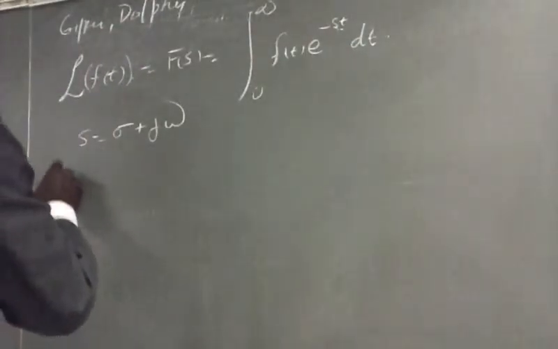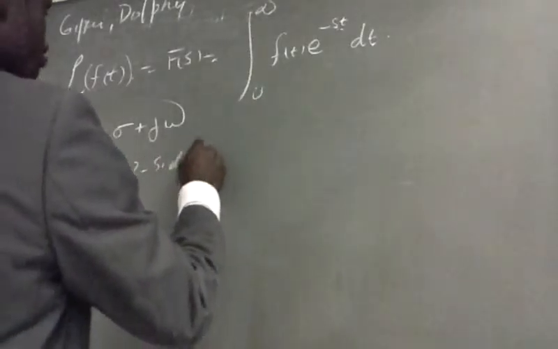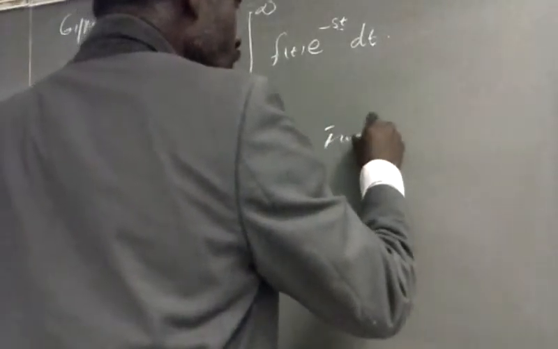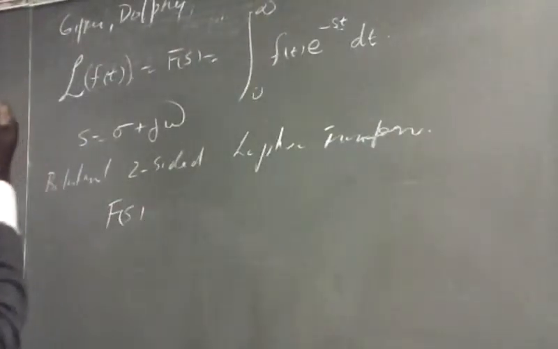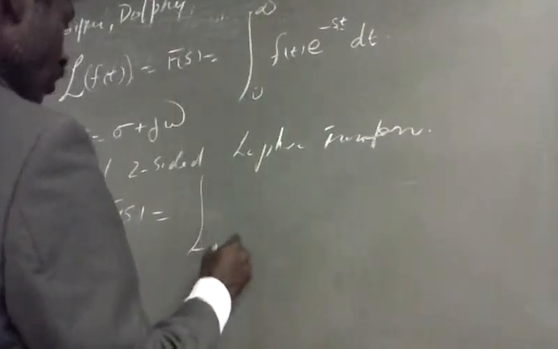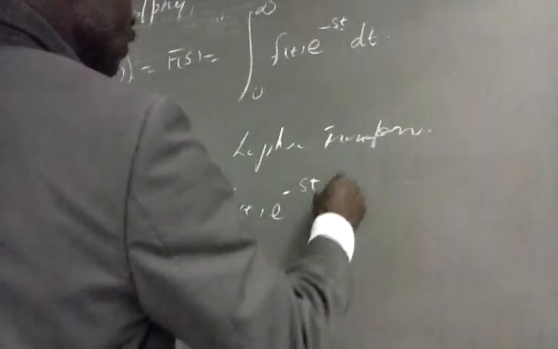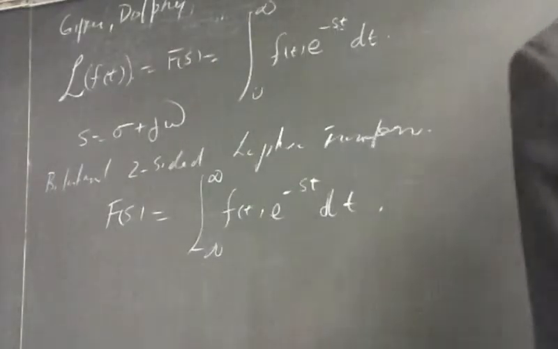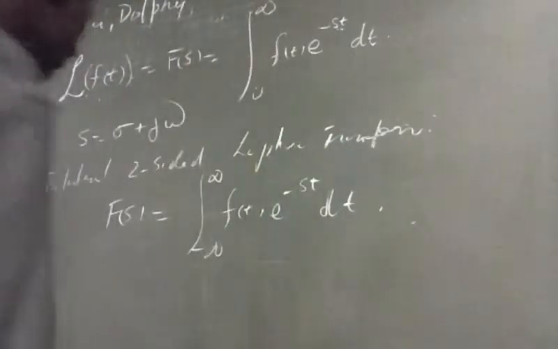The bilateral, or two-sided, Laplace transform is that now F of s, which is the Laplace transform, is equal to the integral from minus infinity to infinity of f of t e to the minus st. That is the bilateral or two-sided Laplace transform, and this is called the unilateral or one-sided Laplace transform.